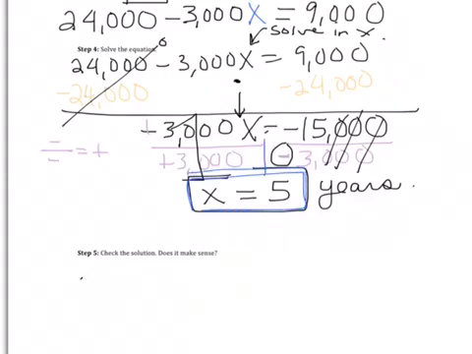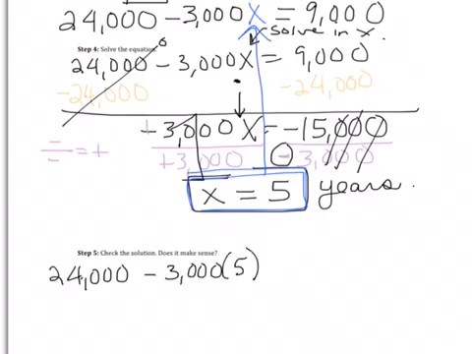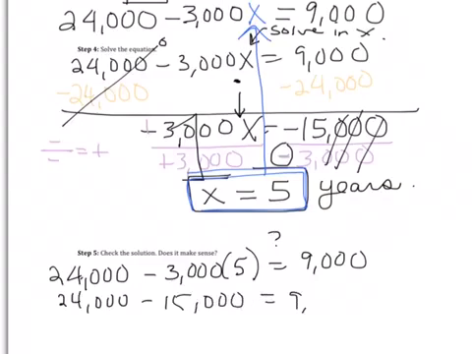We just want to substitute that guy right back. So we have 24,000 minus 3,000 times 5. Does that really give me $9,000? 24,000 minus 15,000, and that actually does give you $9,000 if you work it out.